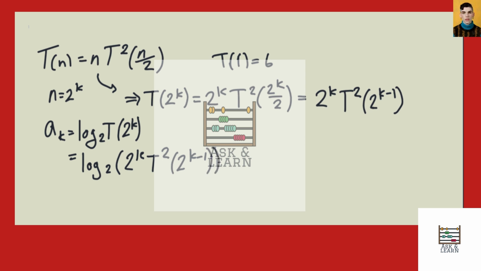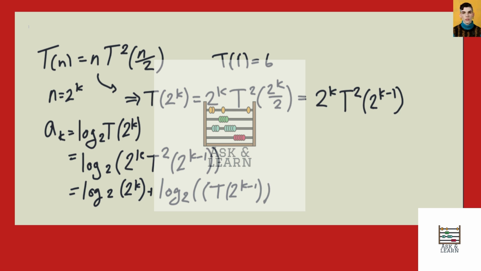And we can use some of our log rules. So we get log 2 of 2 to the k plus 2 times log 2 of T of 2 to the k minus 1.